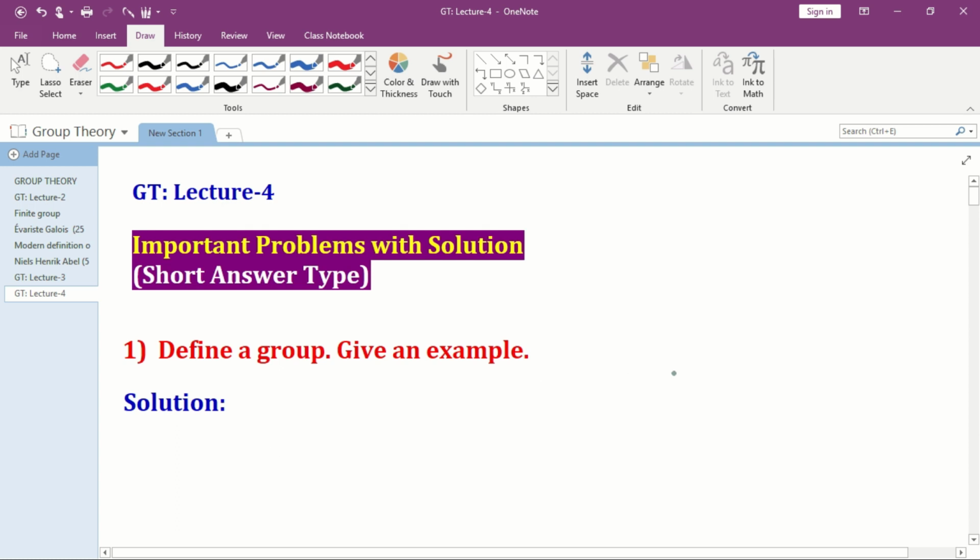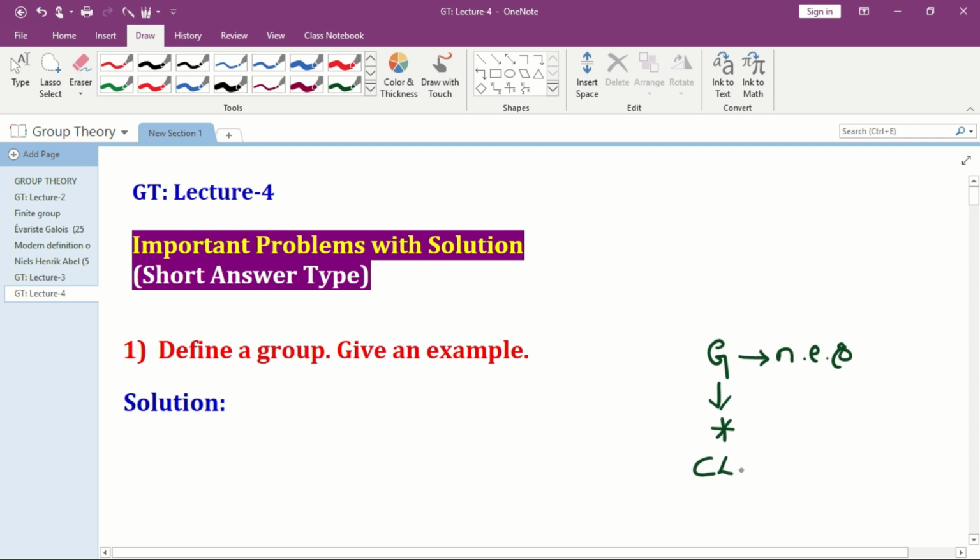To define a group, you remember 3 points. The first point is, we have to consider a set and it must be a non-empty set, and also we must have an operation star. Along with this, G must satisfy 4 laws. So what are those 4 laws?